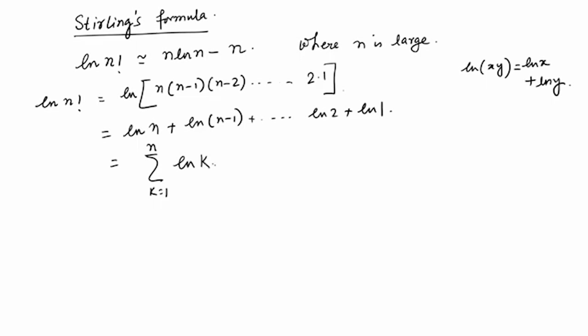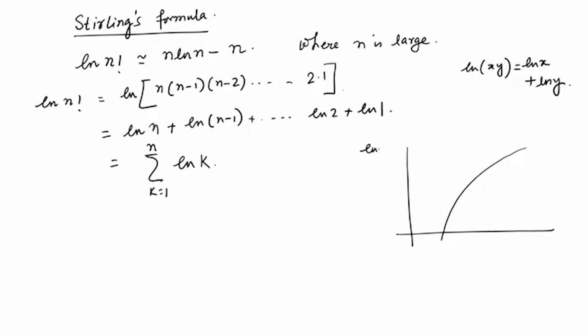Okay. Now, usually one can trivially replace it by an integral and do that integral analytically to get this formula. But let me do a little better than that, in the sense that let me try to show that this indeed becomes an integral. So, let me plot this thing, it will look like this. Okay.